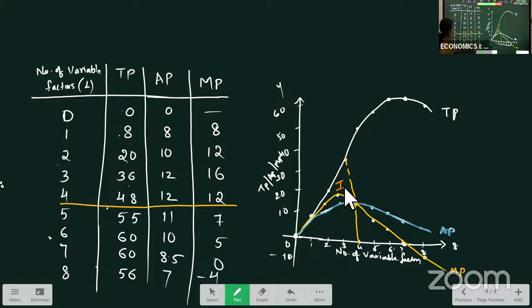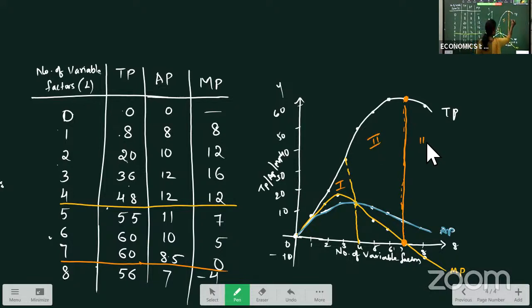Now, see, at the seventh unit, our TP is maximum and our MP is 0. This is the end of the second stage, and the remaining will be your third stage.